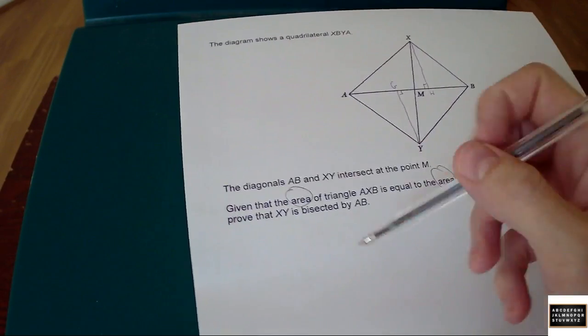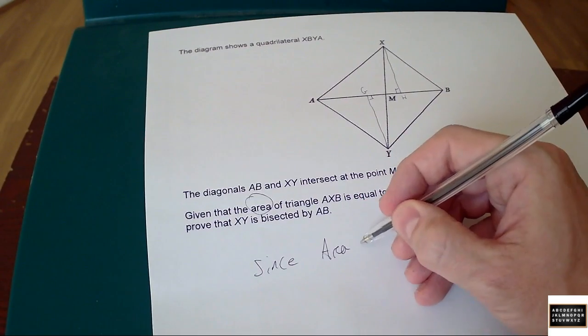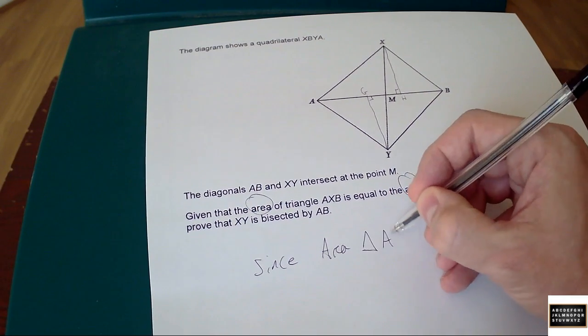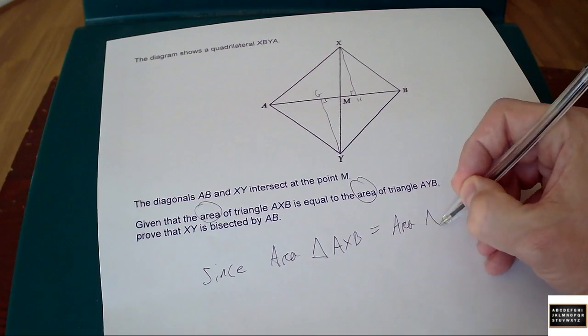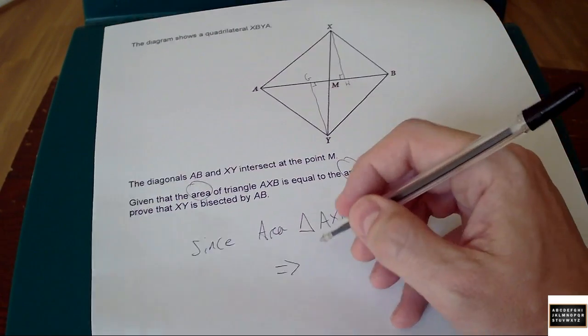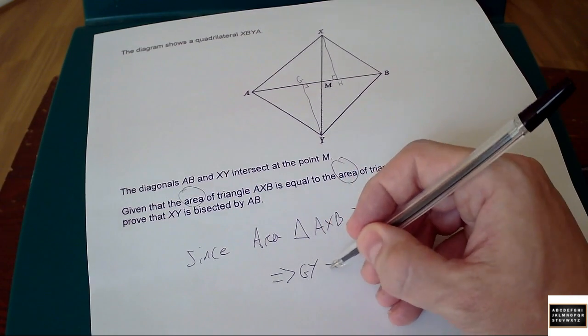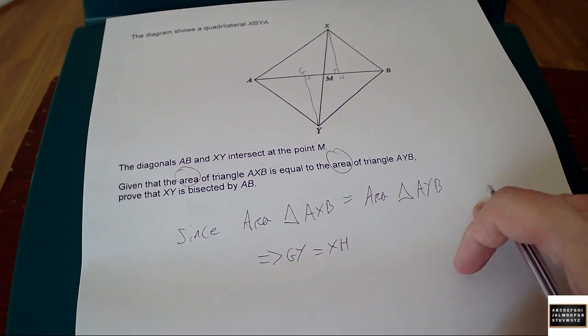So we have to write a little bit of explanation for that. So I'm going to say, since area triangle AXB is equal to area triangle AYB, this implies that GY is the same as XH. Must be the case. The heights must be the same.